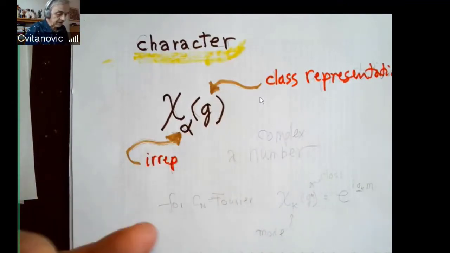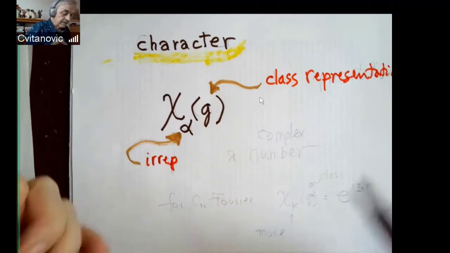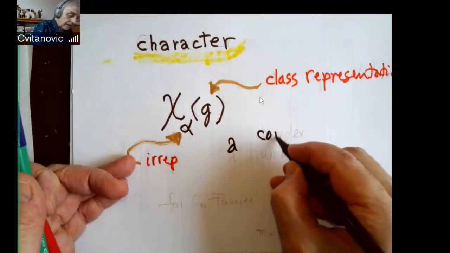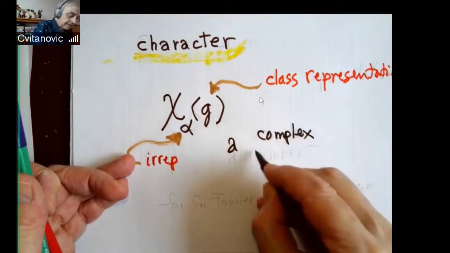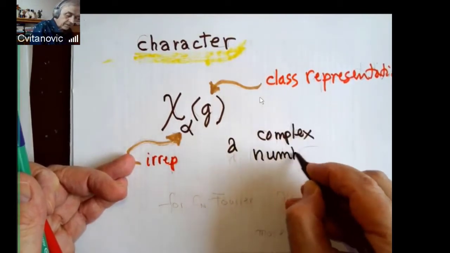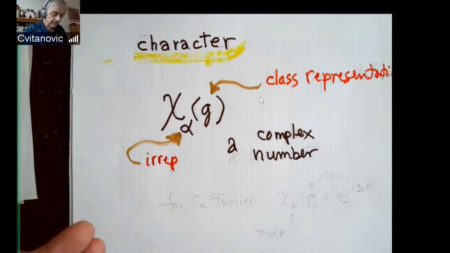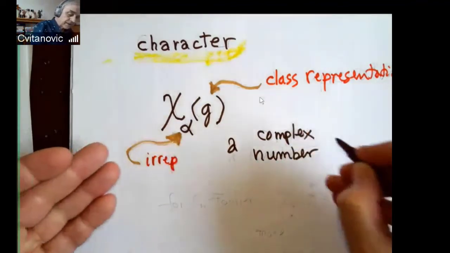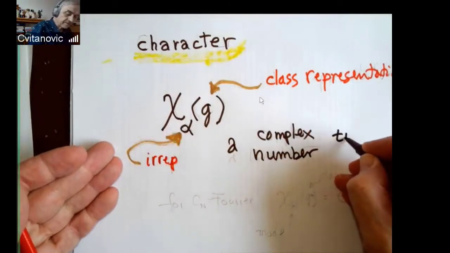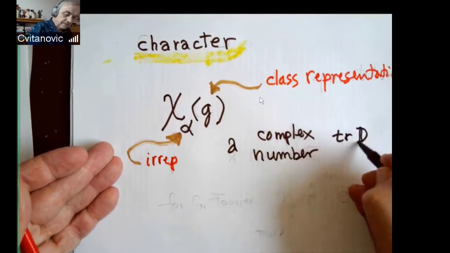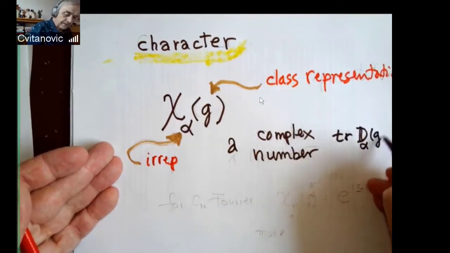And now this character is a complex number. I find it totally amazing that we are working with matrices of arbitrary sizes on a large set, etc., and it suffices to take one number, which is simply a trace of a representation of the group element.